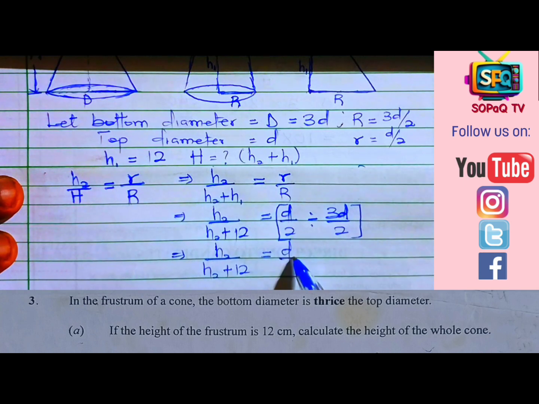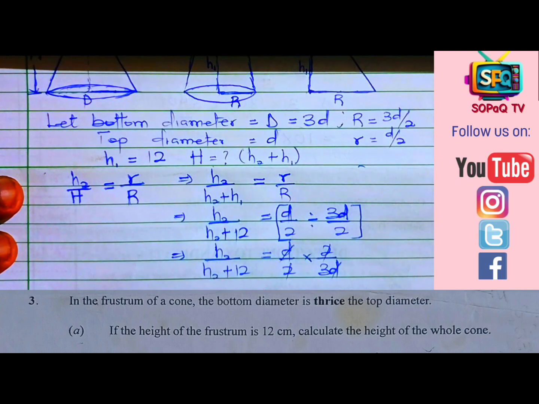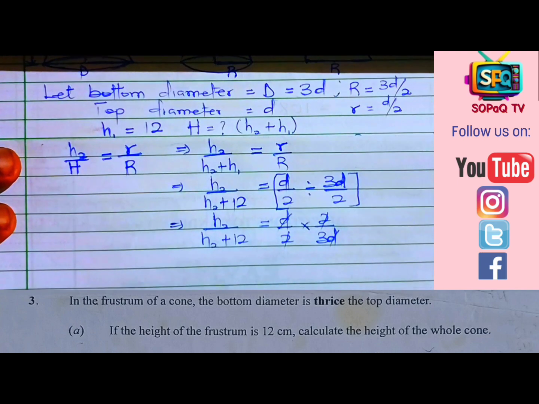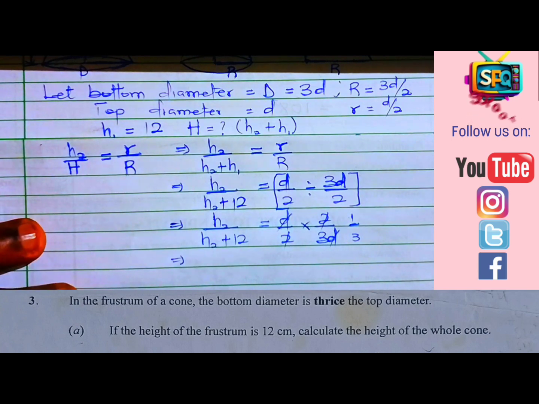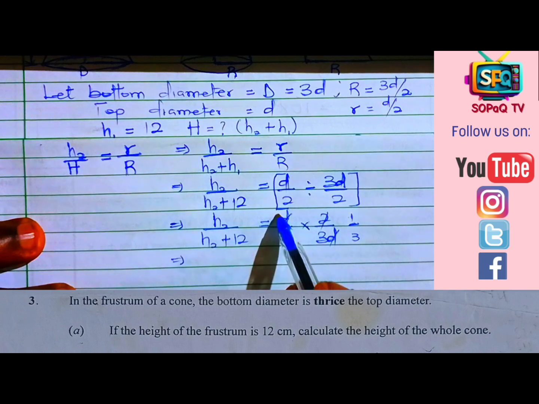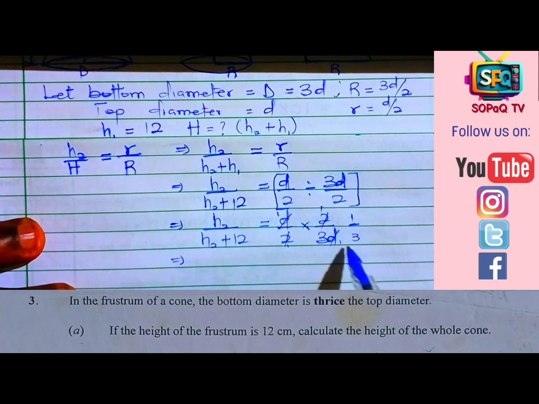So you're going to get D on 2 multiplying 2 on 3D. 2 cancels 2, D cancels D. So we are going to get 1 on 3 for this side, because when D cancels, 3 will be left, and then this one to give us 1. So we end up getting 1 on 3.